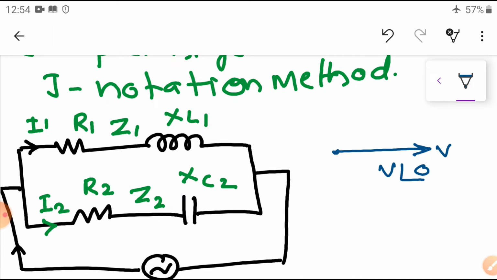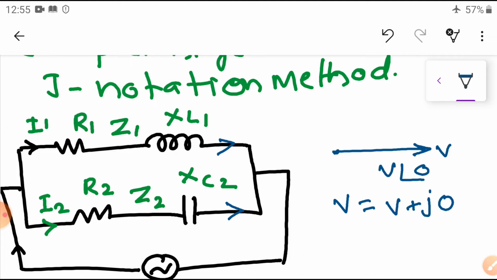The currents are either leading or lagging based on the branch. This current is lagging, this current is leading. Finally, I am going to find the total. So we can write V equals V plus J0. What is J? J is equal to root of minus 1. What is J squared? That is minus 1. Already last class we have seen.